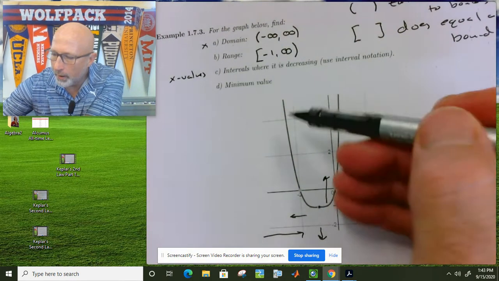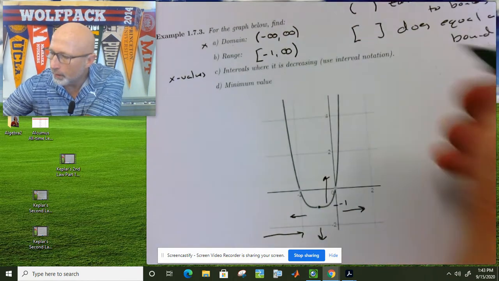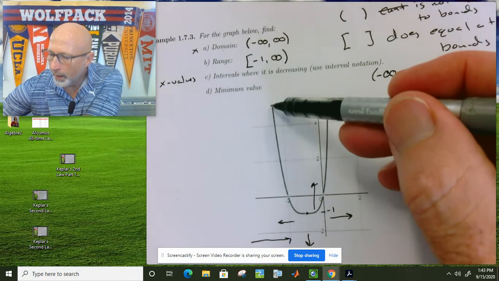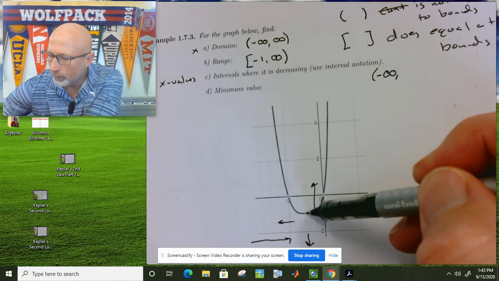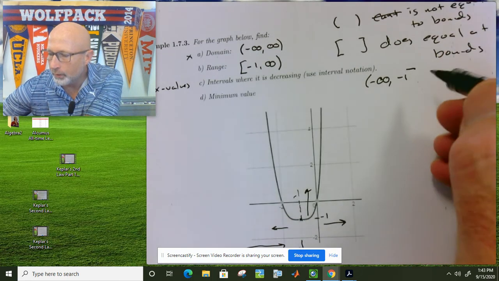So it's going all the way back forever, right? So this is going to be from negative infinity all the way until x is equal to negative 1.